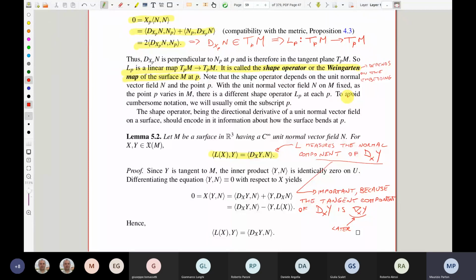I guess you know also this name. Spoiler, the first fundamental form is just the scalar product, okay? So the first fundamental form is intrinsic. I mean, there is nothing more intrinsic than the metric, which is defined on the manifold. And the second fundamental form is not, because it's the shape operator, which is depending on the embedding.